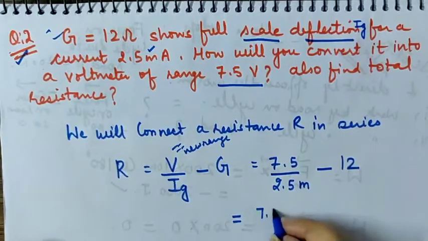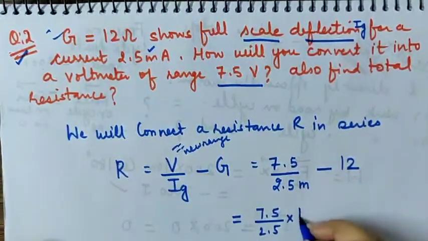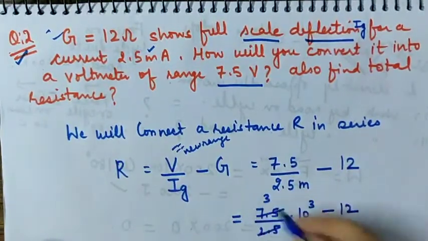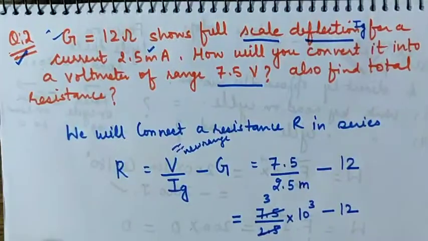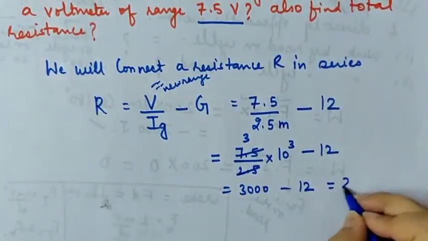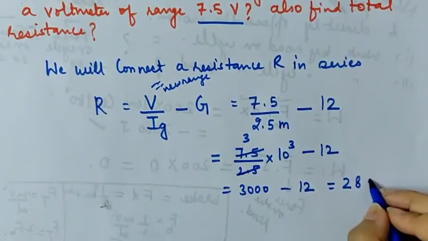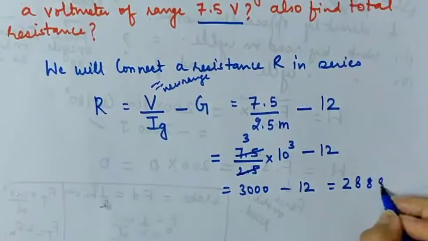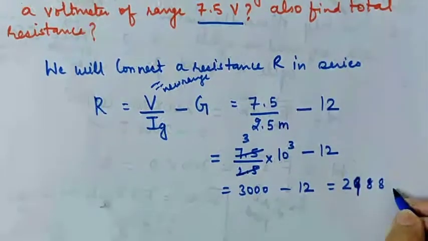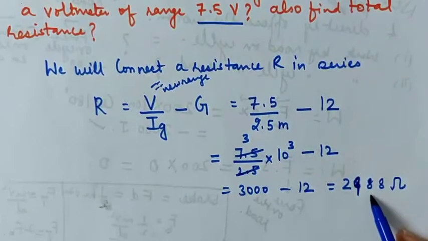Solving it, 7.5 upon 2.5 into 10 to the power minus 3, taking it up, 10 to the power 3, minus 12. Further solving it, this is 3000 minus 12. So when you subtract it, you will get the answer to be 2988 ohm.